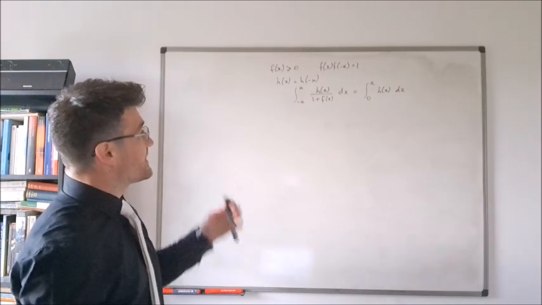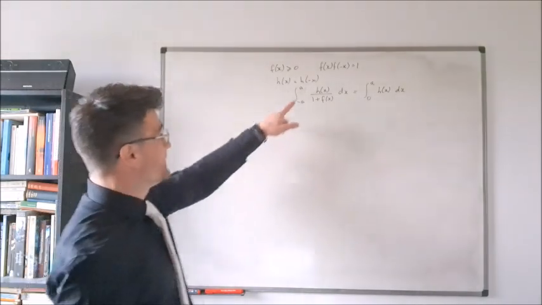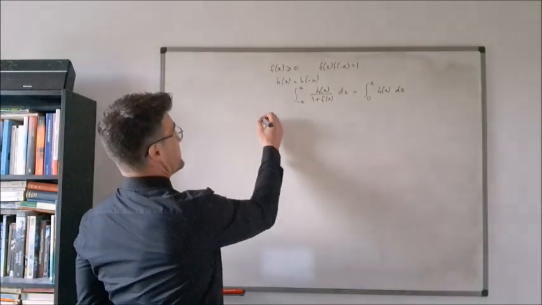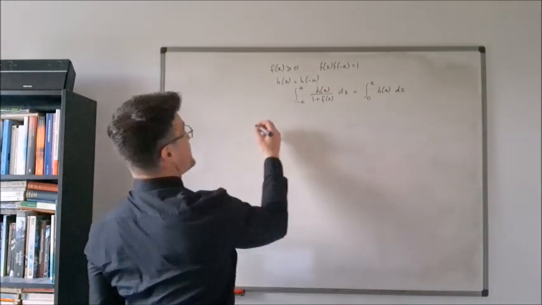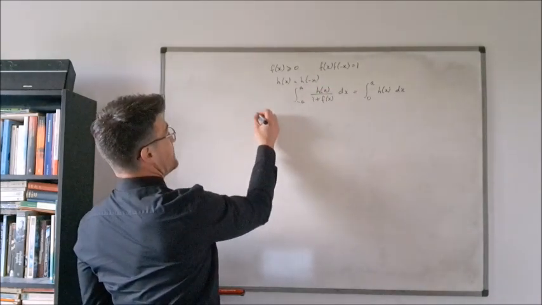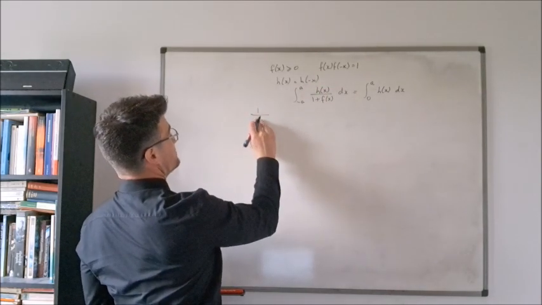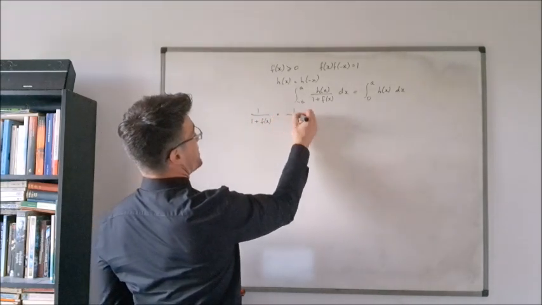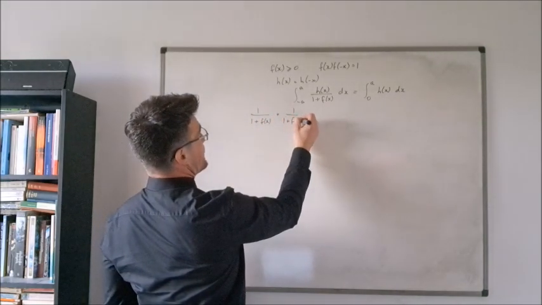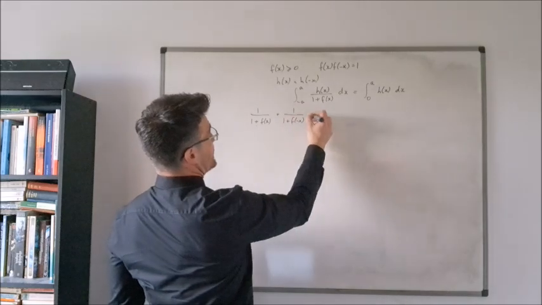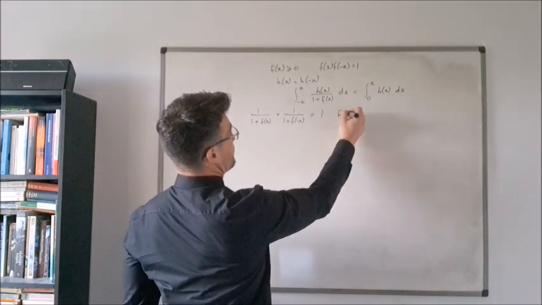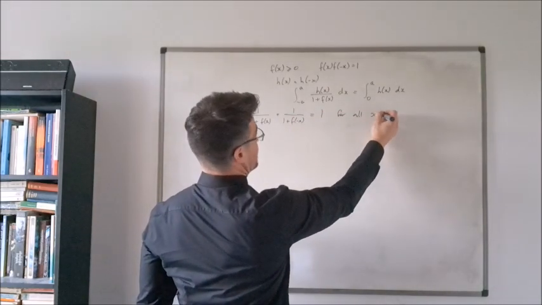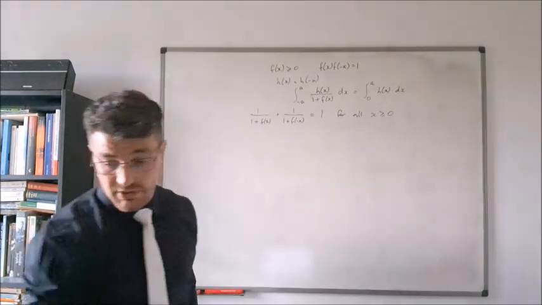But one thing that we know then is that, because of this condition here, 1 over 1 plus f of x plus 1 over 1 plus f of minus x will be equal to 1 for all x greater than or equal to 0.